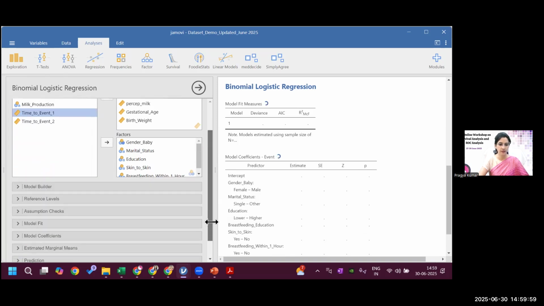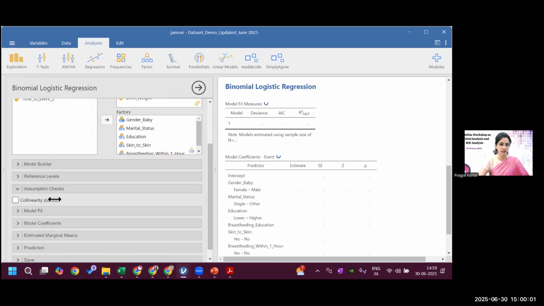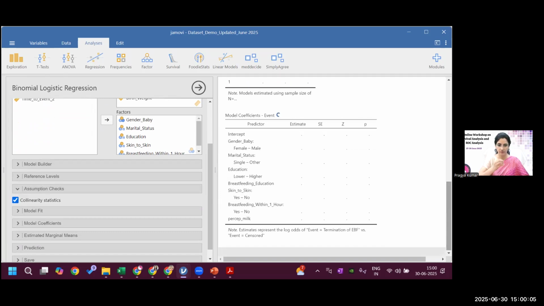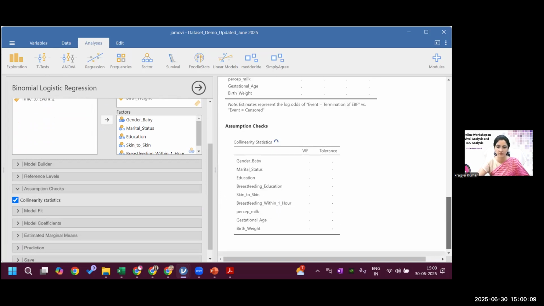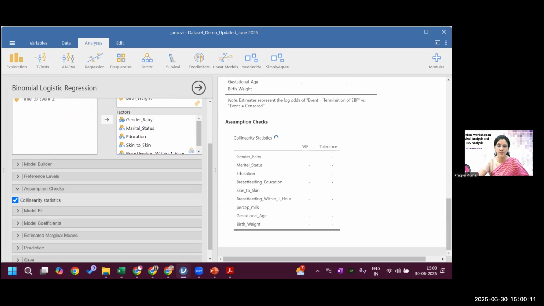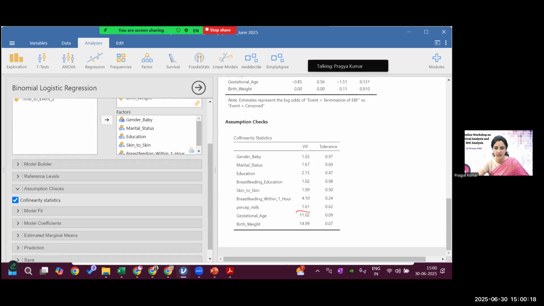And if I go to the assumption check, collinearity statistics, and see the VIF, gestational age and birth weight both have a value of more than 10.